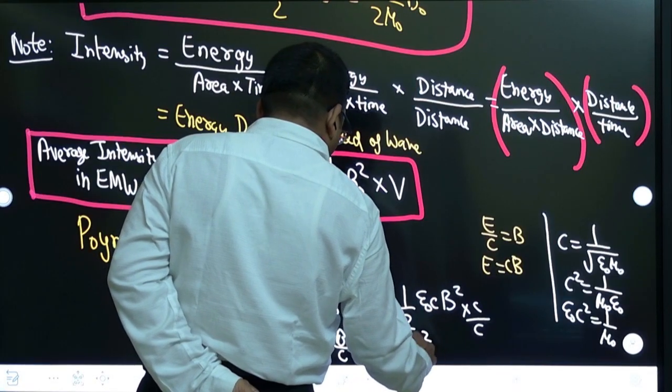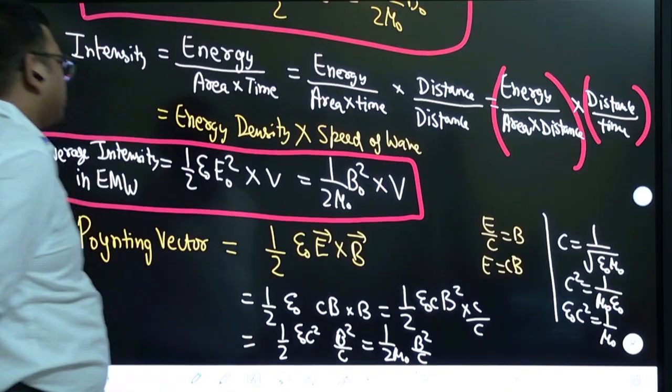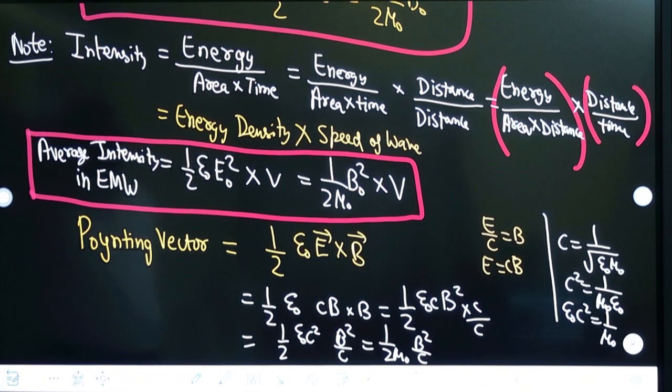B square by C is coming in denominator. Is it in denominator or numerator? Let me check the formula for Poynting vector. It is not given in NCERT, but in some textbooks it will be there.